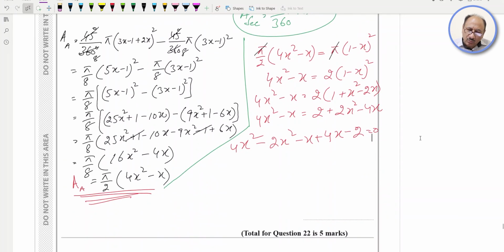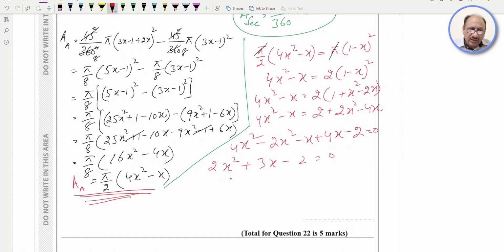Now this will be our quadratic equation: 4x squared minus 2x squared will be 2x squared, plus 3x minus 2 is equal to 0.